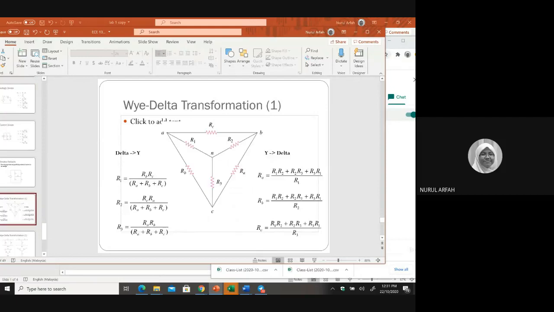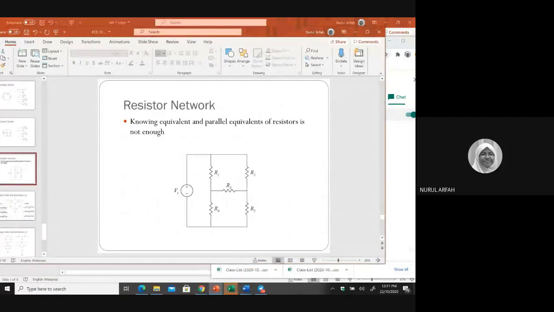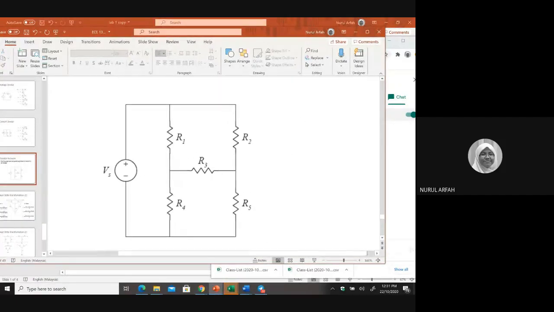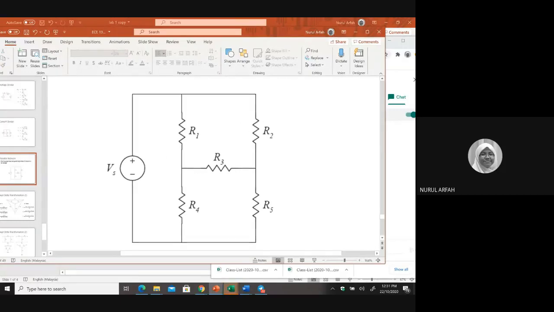But wait, this one is what I mean. Do you think that there's a series circuit here? Yes. Which one? VS, R1 and R4. R1 and R4, this one is in series with the VS. R1 and R2.